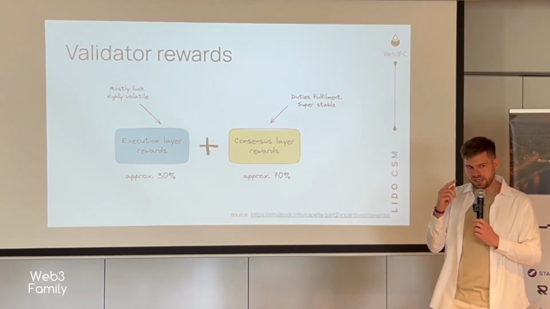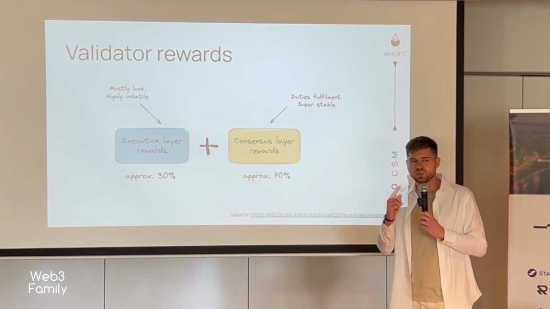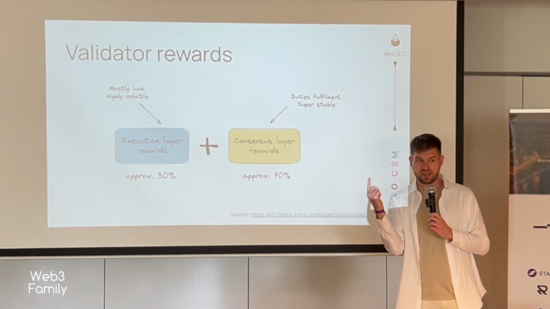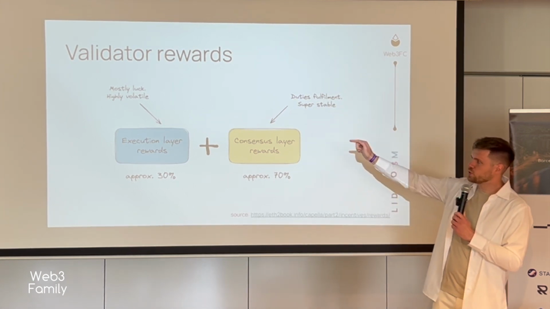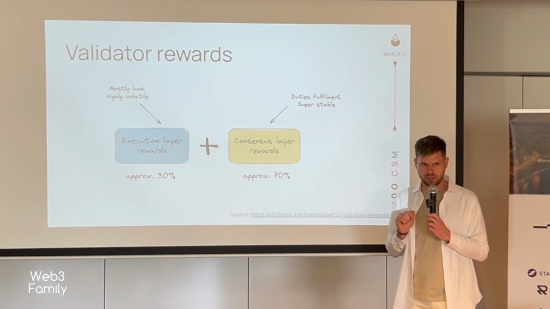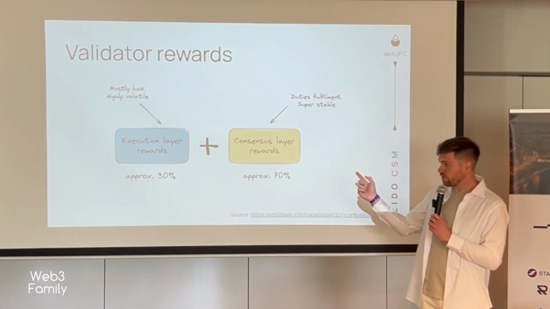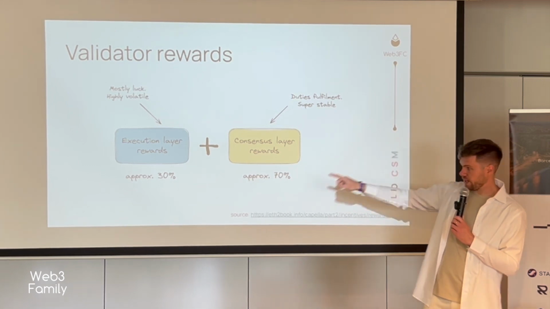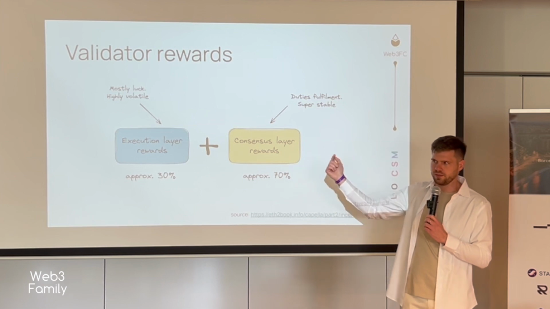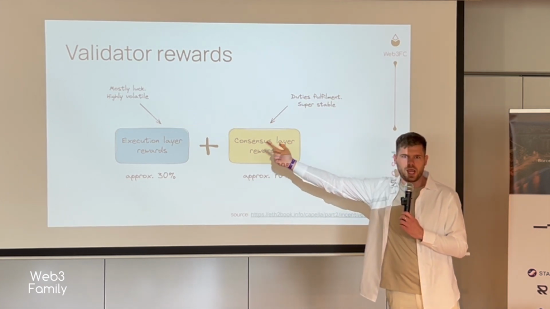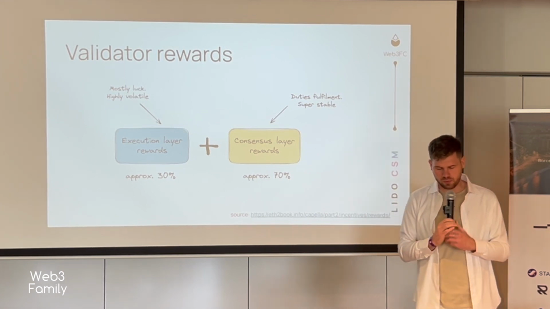Because the average validator would produce from 2 to 4 blocks a year, meaning that you will be able to get these execution layer rewards only 2 to 4 times a year. However, on average for the year, it's 30% of rewards. So you can assume that it's way more per one action than consensus layer rewards.